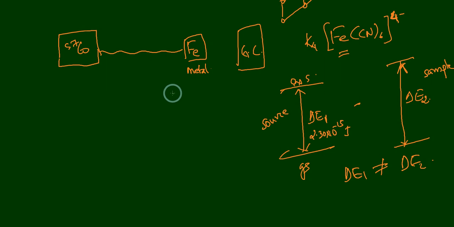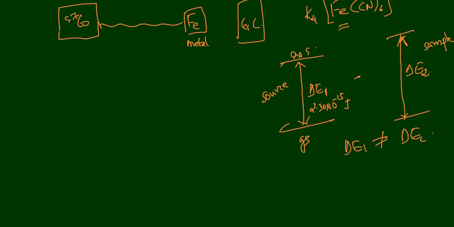So how can the frequency emitted from the source be absorbed by the sample ion nucleus? Is there any way? Actually, Mössbauer's contribution comes here.